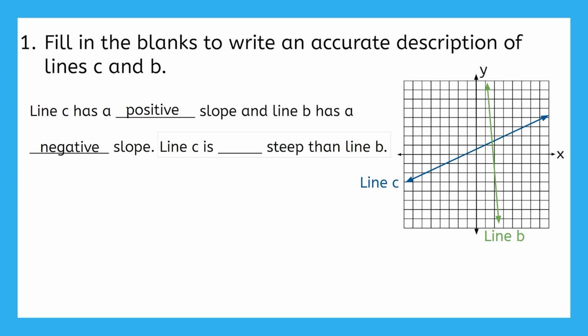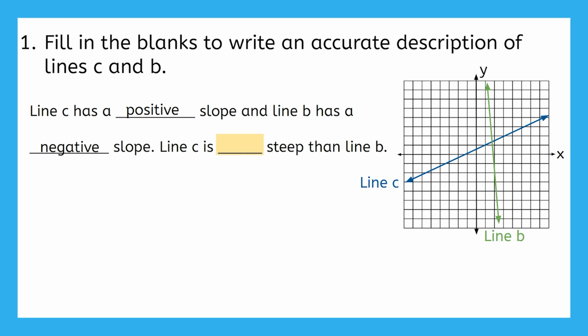Okay, there's only one more blank to fill in, and this is where we'll compare the steepness of the lines. Is line C less steep or more steep than line B? You could ask yourself, would line C be easier or harder to walk up than line B? I can imagine Mia trying to walk up line C and it doesn't seem very steep.